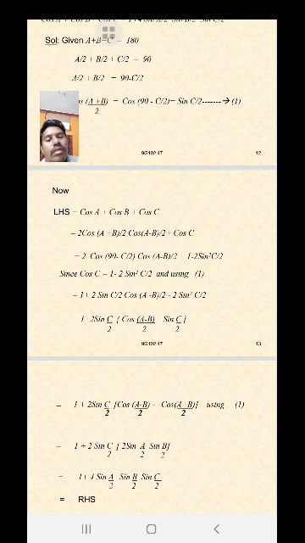So after substituting, if we take the common 2 sin C by 2, we have like this, cos of A minus B by 2 minus sin C by 2.